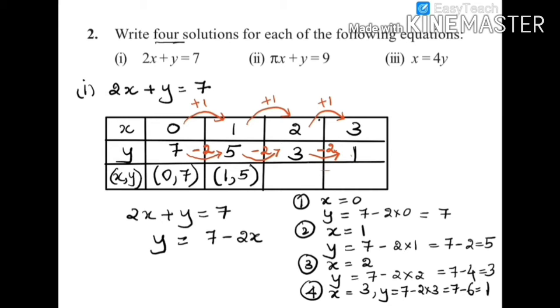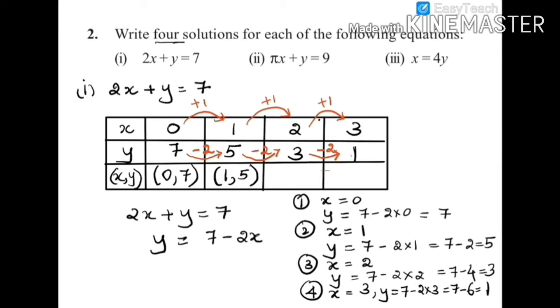So what is the logic behind this? Look at this equation, y is equal to 7 minus 2x. This implies that y is depending on this expression 7 minus 2x. Since the power of x is 1, it implies that y is linearly related to x.